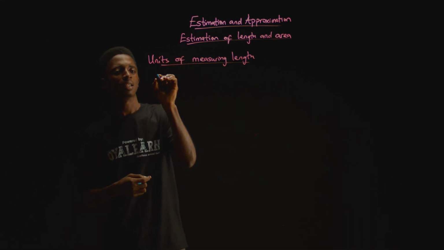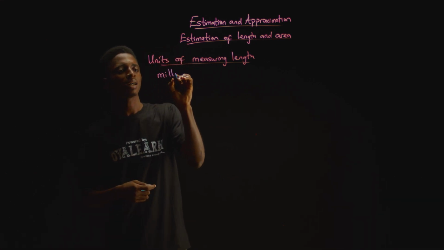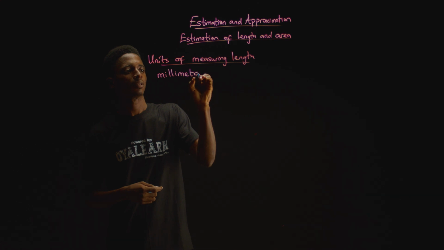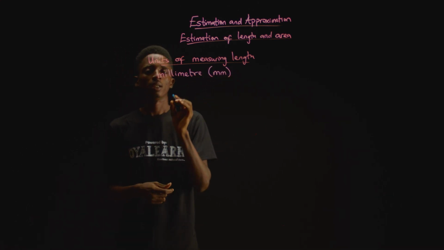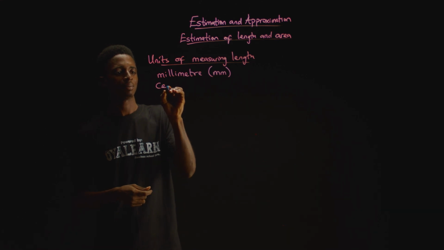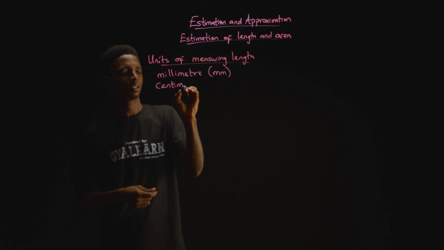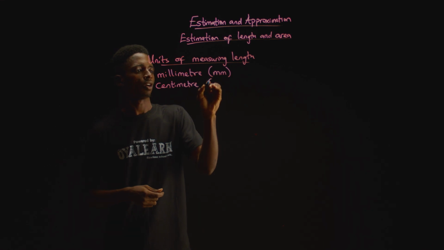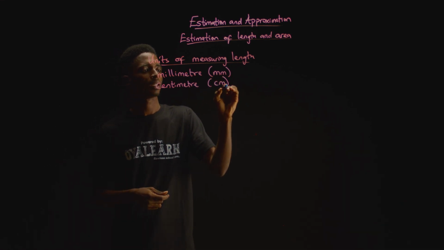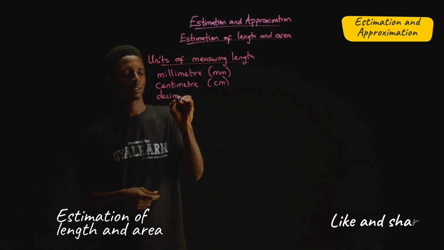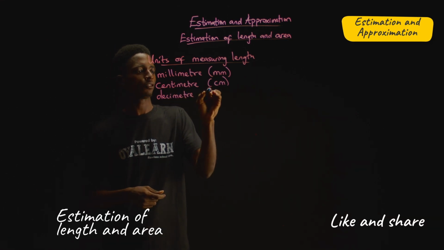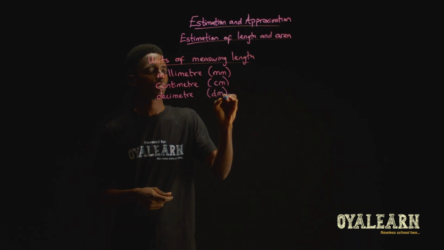We have the millimeter, usually written as mm. Then we have centimeter, often written as cm. We have the decimeter, often written as dm.